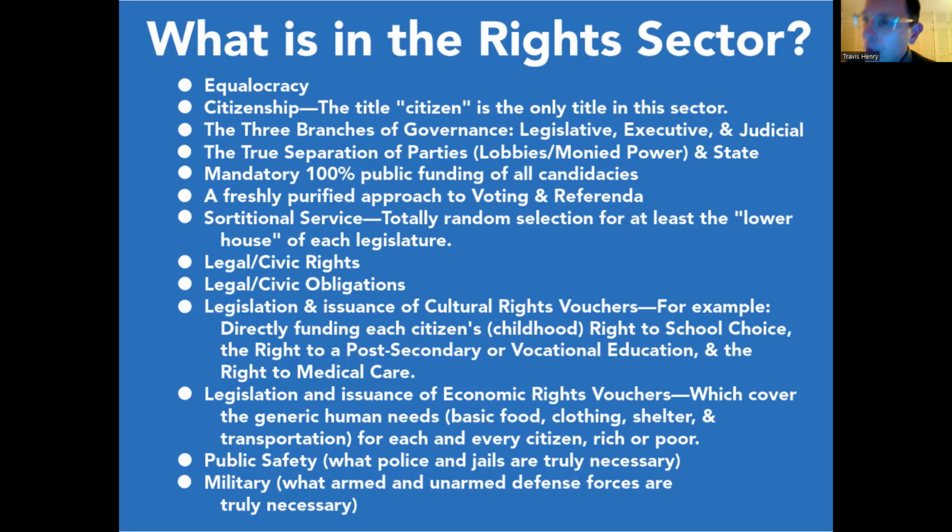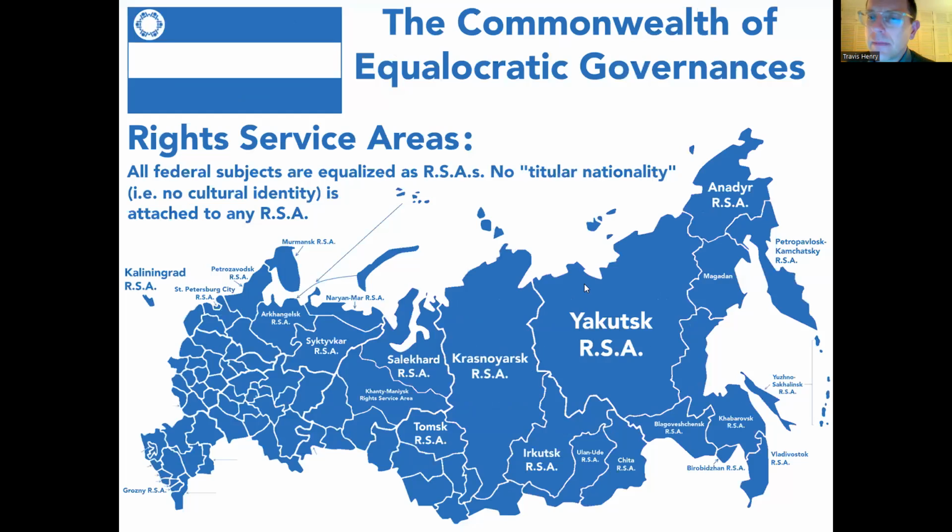Threefold commonwealth is differentiated, organic, and alive. So in a previous video, we showed the cultural commonwealth. We suggest using the watersheds as its equivalent to provinces. And here we show the rights commonwealth with its own flag, and the existing federal subjects are all converted into rights service areas.